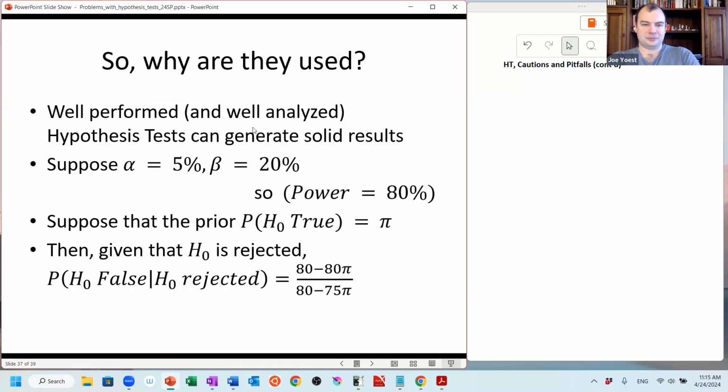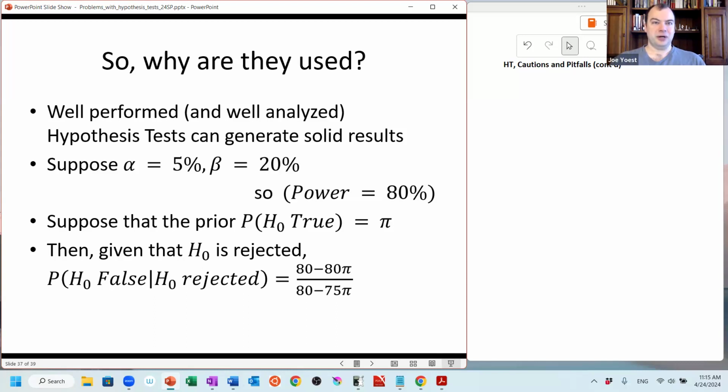Okay. And now I want to give frequentist analysis its due. I think it's very important to say that well-performed and, very importantly, well-analyzed hypothesis tests generate solid results. So it's not an argument that we should never use hypothesis tests. It's an argument that we should consider when a hypothesis test is best to use and maybe when something else might be better.